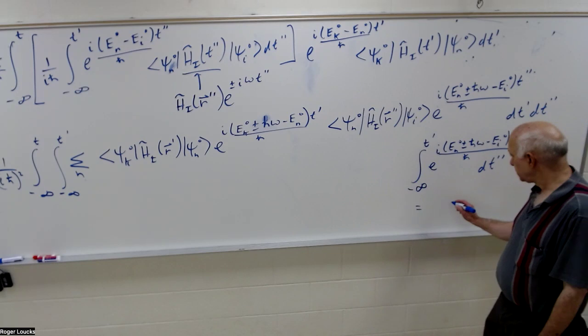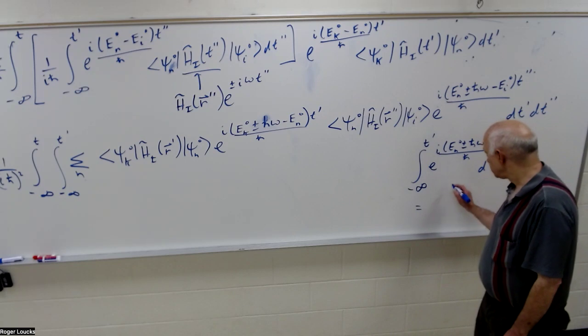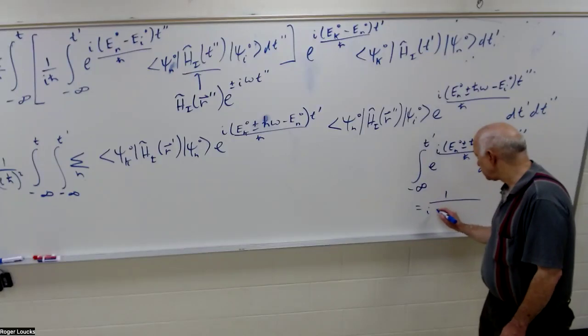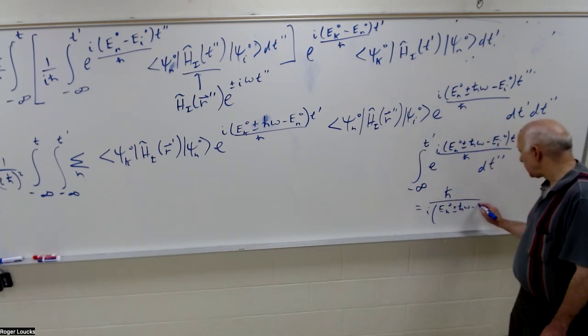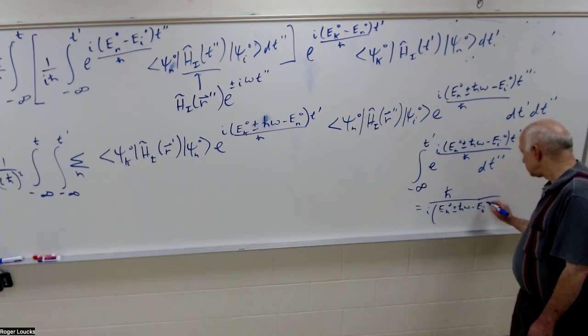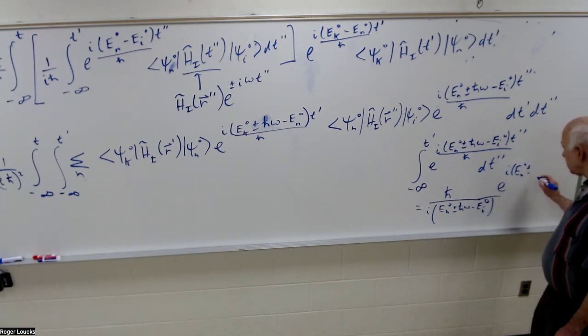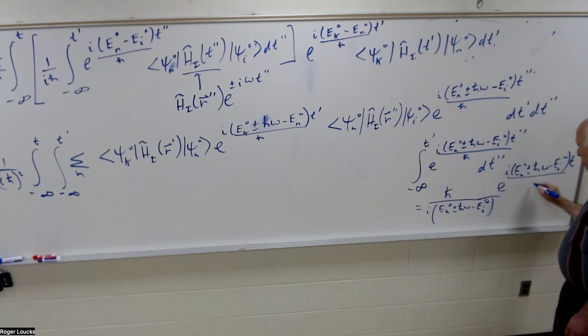That's going to be basically 1 over i (E_n0 plus or minus ħω minus E_i0) here, times this e to the i (E_n0 plus or minus ħω minus E_i0). I'm going to put in the upper limit here, t prime, all over ħ.